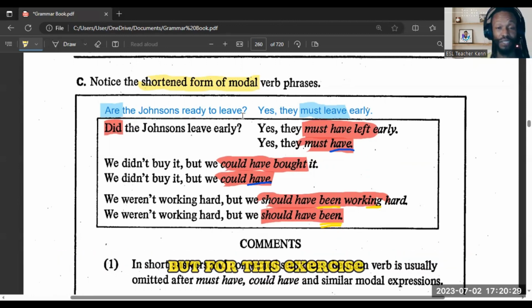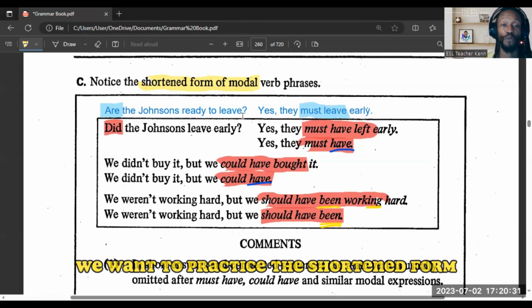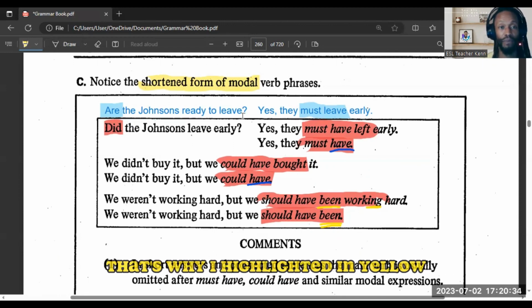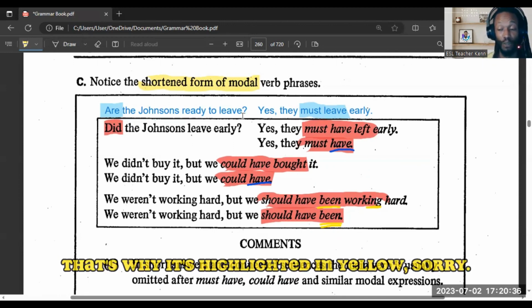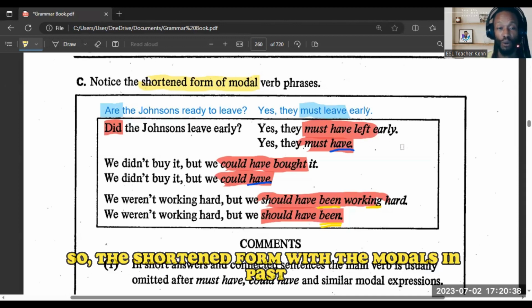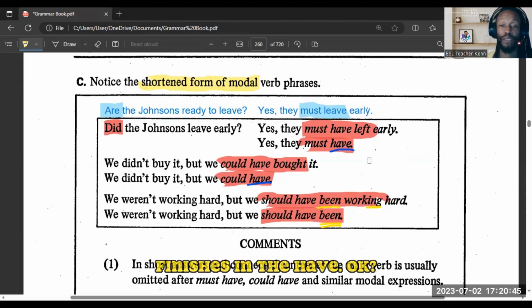But for this exercise, we want to practice the shortened form. That's why it's highlighted in yellow. So, the shortened form with the modals in past finishes in the have, okay?